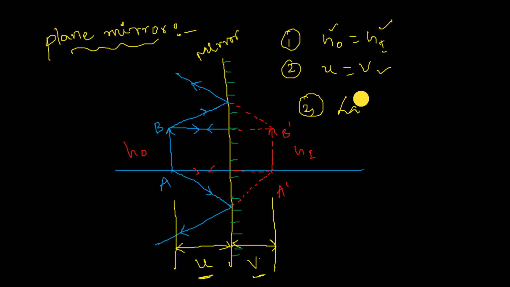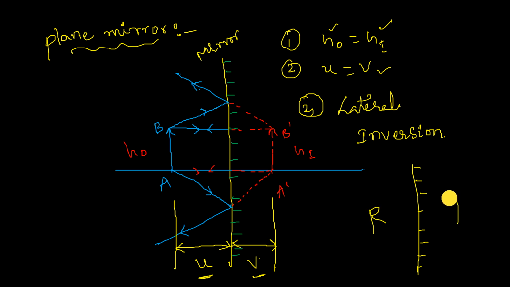Third one, it shows lateral inversion. So what is lateral inversion? The phenomenon in which the left side of the object appears to be the right side of the image, and the right side of the object appears to be the left side of the image. So simply we can say mirror image. If I am taking R here, it appears like this. Suppose this is left and this is right, here it is appearing like this.